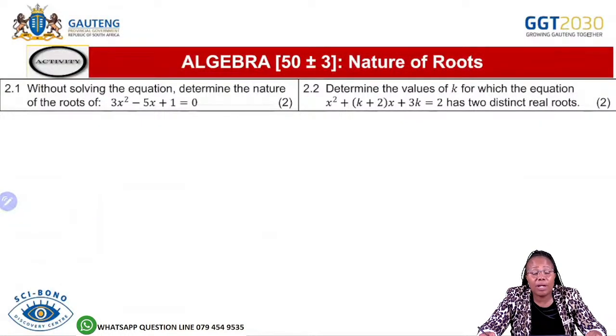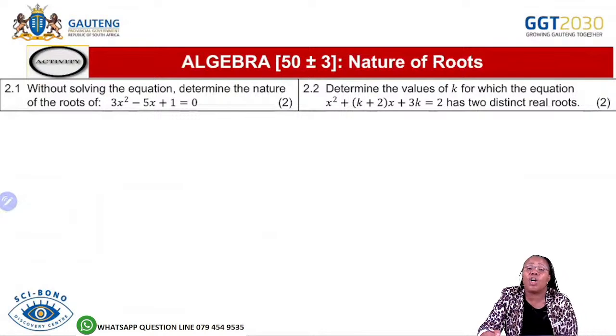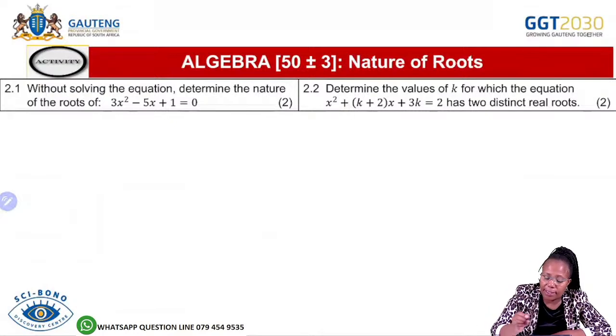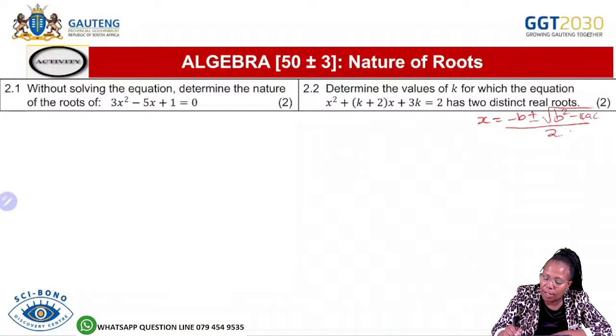Still on algebra, can you see grade 12 how far algebra goes? We have a subtopic again under algebra, which is nature of roots. And with the nature of roots, remember this has a relationship with the quadratic equation. Remember, our quadratic formula is x equal to minus b plus minus the square root of b squared minus 4ac over 2a.